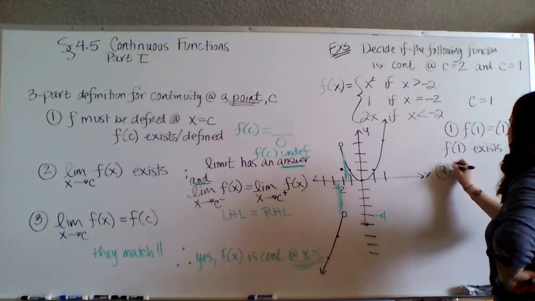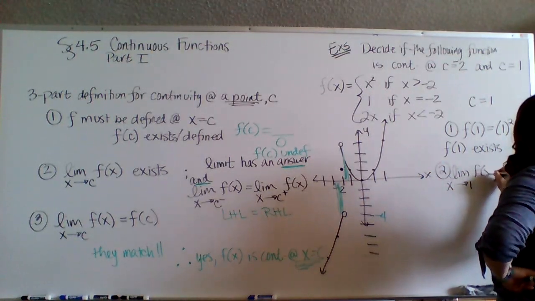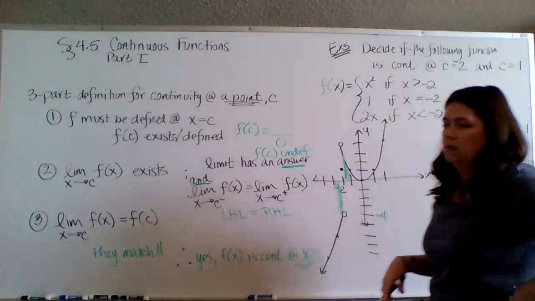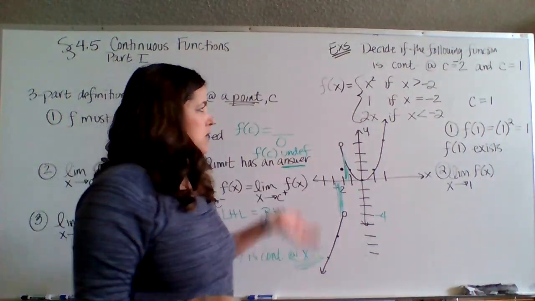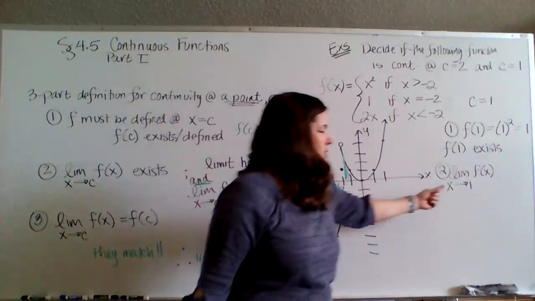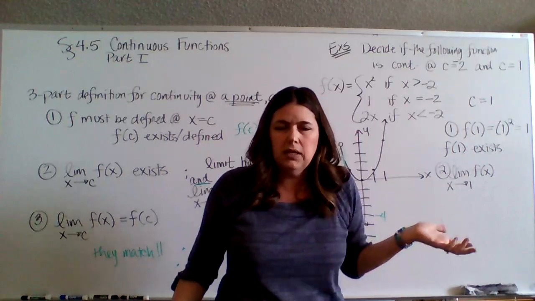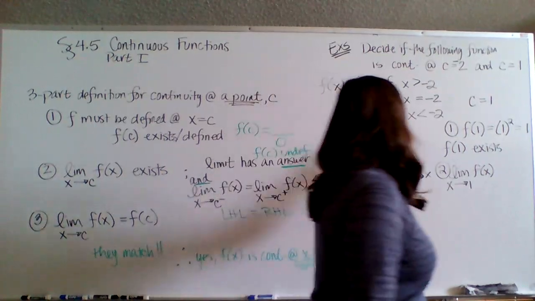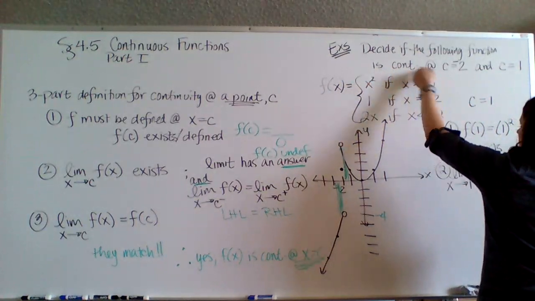Part 2 would be the limit as x approaches 1 of our function f of x. Well, if you have something and it's piecewise, but where the pieces are breaking apart isn't the spot you're even talking about, why do you need to do from the left and do the right? Just plug it into the piece that satisfies. X equals 1 only satisfies this top piece where x is greater than -2.